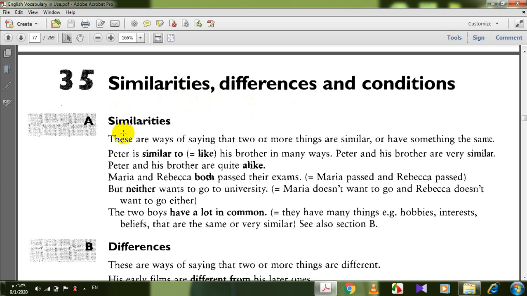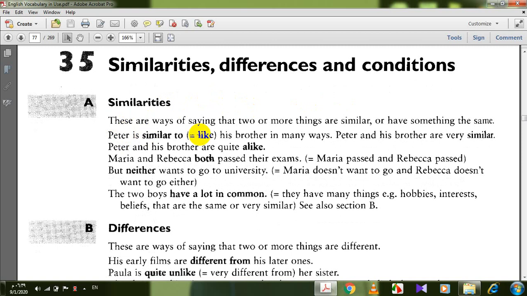Let's go to similarities. These are ways of saying that two or more things are similar or have something the same. Peter is similar to his brother, or Peter is like his brother in many ways. Peter and his brother are very similar.